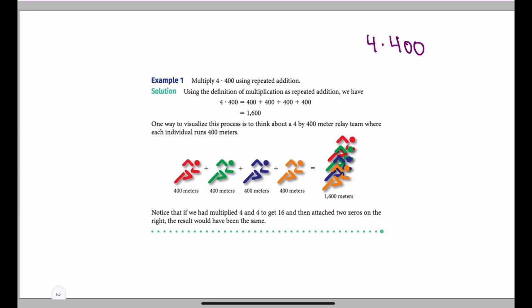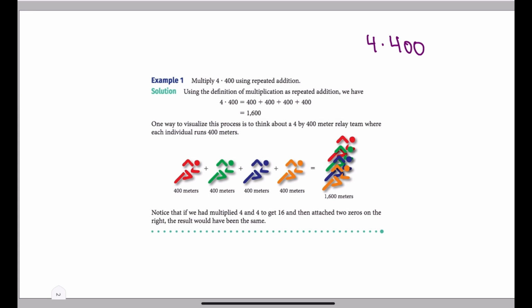You could run 4 meters 400 times, but for some reason that doesn't sound like as much fun. So we're going to do 400 meters 4 times, and you could think of it as a relay. So we have a total distance of 4 times 400, even though each athlete's only competing in 400 meters.